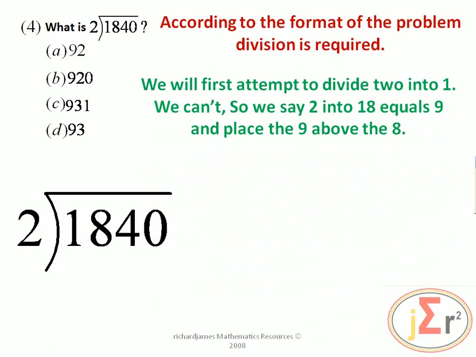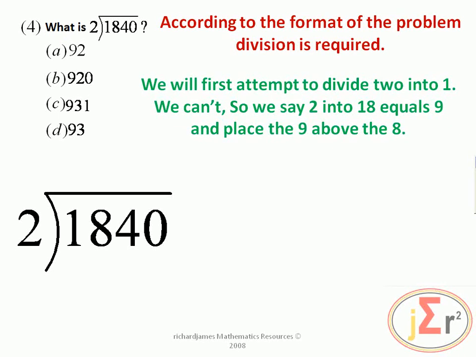So we say 2 into 18 equals, how do we know that 2 into 18 equals 9? Well, say the 2 times table. 2 1s 2, 2 2s 4, 2 3s 6, 2 4s 8, 2 5s 10, 2 6s 12, 2 7s 14, 2 8s 16, 2 9s 18.